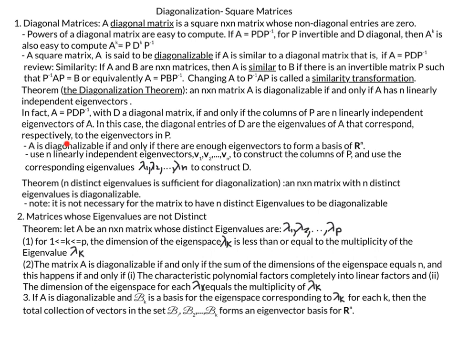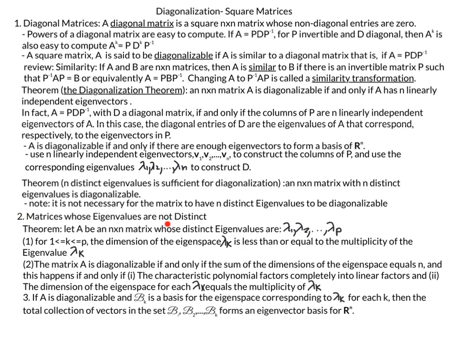In fact, those n eigenvectors will form our matrix P, and the eigenvalues will be on the diagonal of our matrix D. Our next theorem said that an n by n matrix with n distinct eigenvalues is diagonalizable. We noted it's not necessary for a matrix to have n distinct eigenvalues to be diagonalizable. In other words, this is not an if and only if statement, so the converse is not necessarily true.